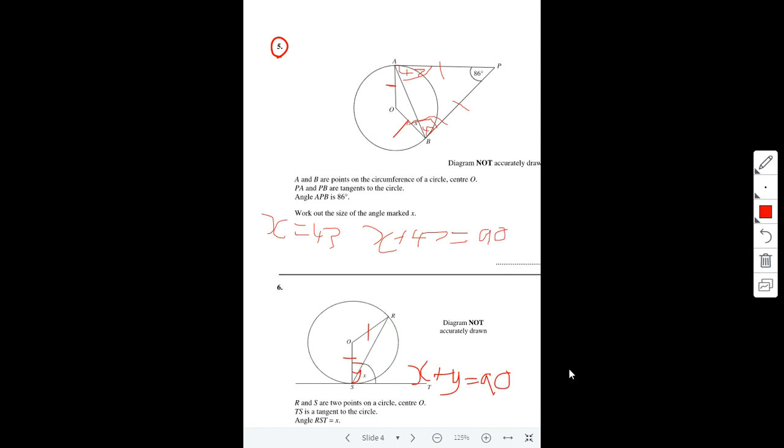Can you just put it a bit down, please, so you can see the whole question?